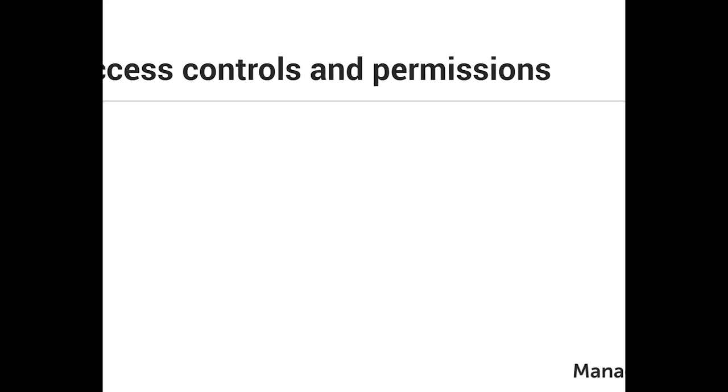So the first thing, let us look at access controls and permissions, right? Here are the things that you need to do with regards to access controls and permissions. An obvious step is to provide personal data access only for those who need it, right?